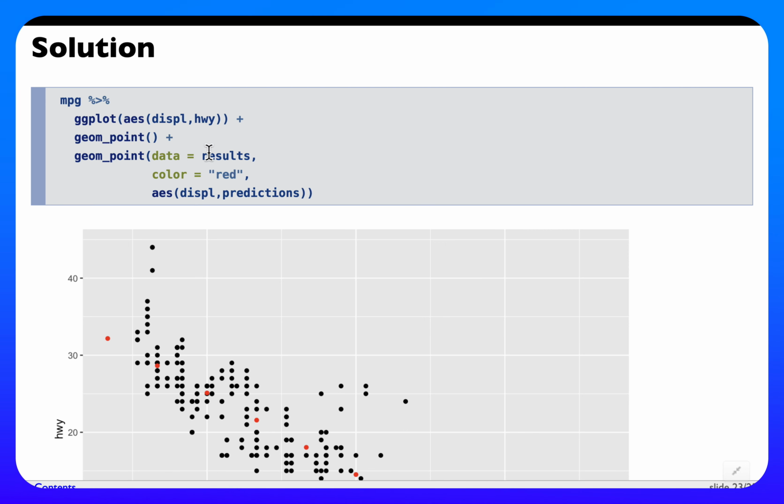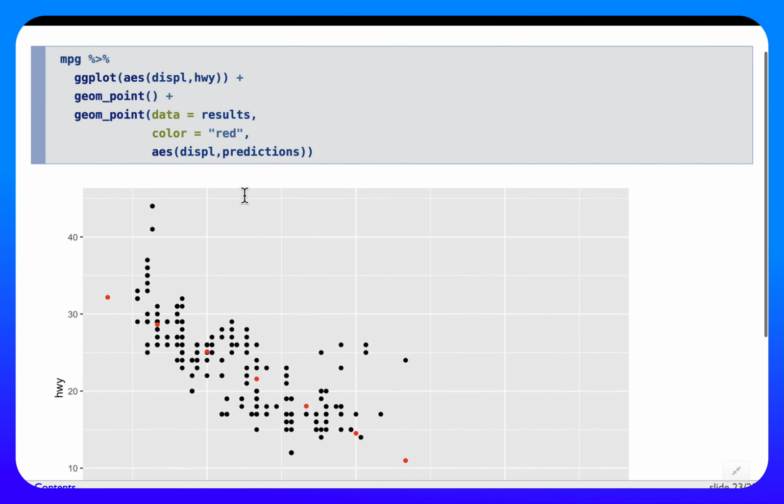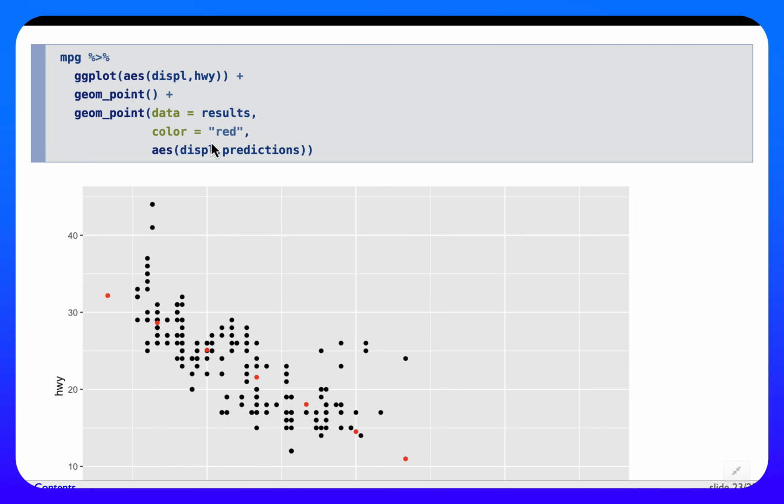And it's okay because the horizontal axis is the same. So I still got displacement on the x-axis and predictions on the y-axis. Here I had highway on the y-axis. Here I have predictions on the y-axis. Okay, and I can tell which points belong to this because they will be red.